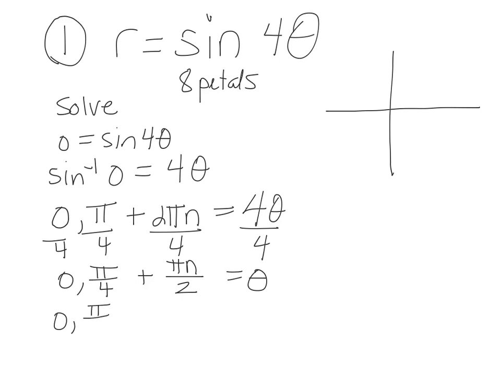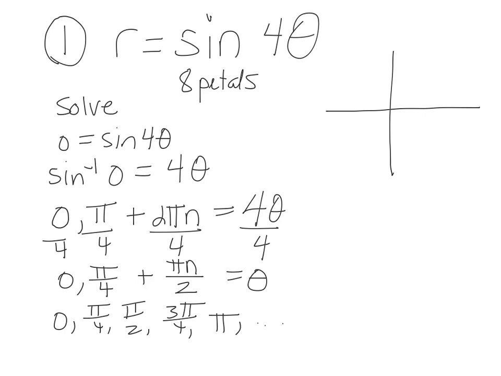So you've got 0, then pi over 4, then pi over 2. And then if you add pi over 2 to pi over 4, you get 3 pi over 4. And if you add pi over 2 to pi over 2, you get pi. And it goes on and on like that. That's going to be the solution.